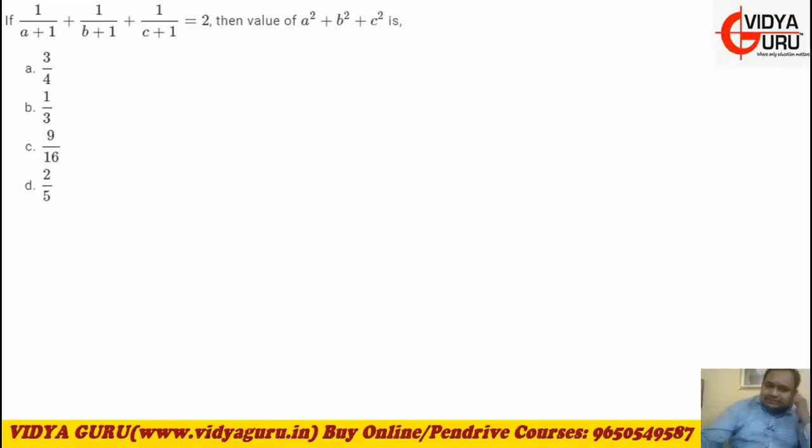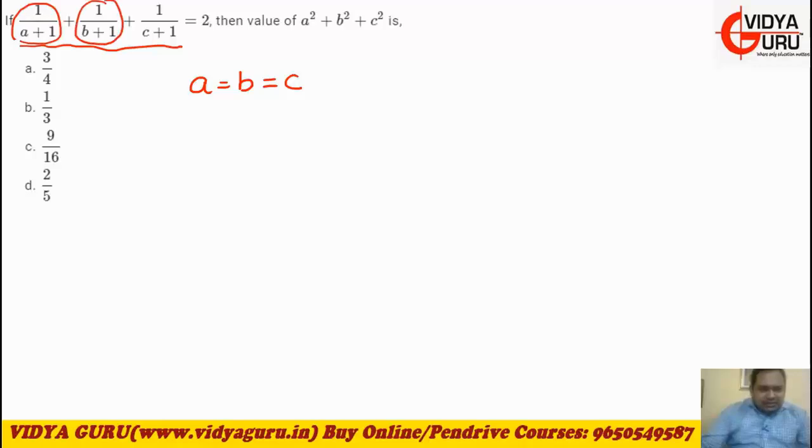So let us see, is this expression symmetrical? If you exchange A with C or A with B, will there be any change? No. So this expression is symmetrical. It means you simply assume A is equal to B is equal to C and the question will be solved. If I assume A is equal to B is equal to C, this term is exactly identical to this term, because B can be written as A. So this would also become 1 by A plus 1.